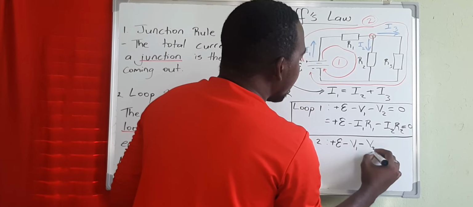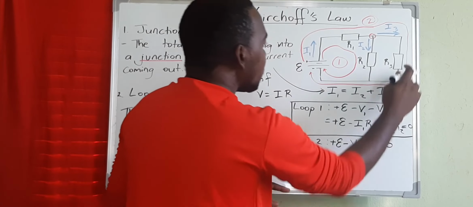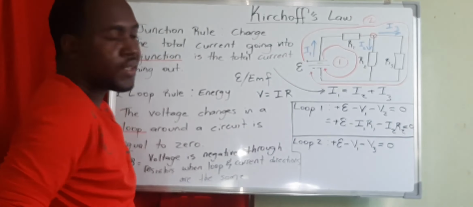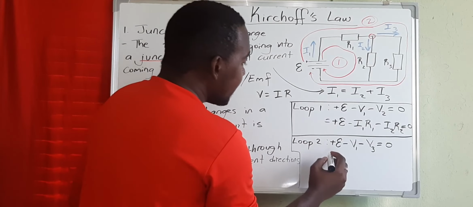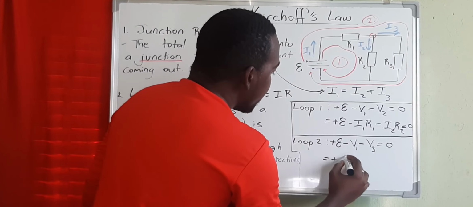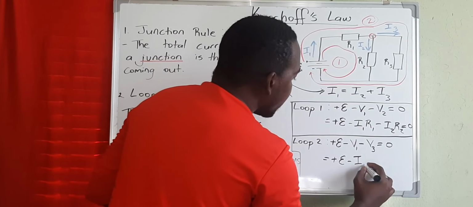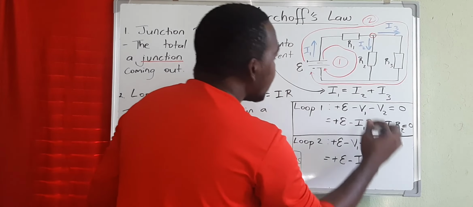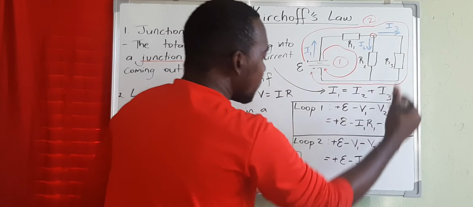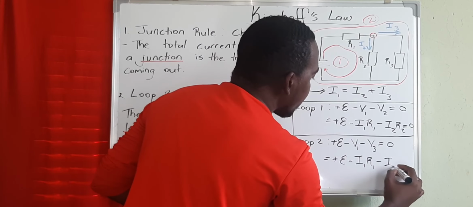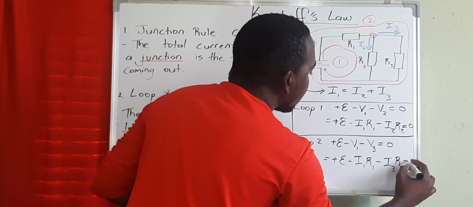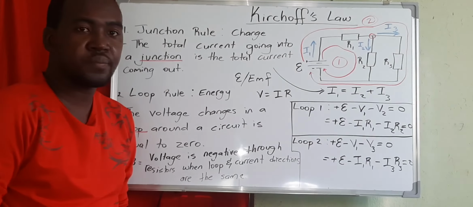So negative V3, and that's equal to 0 because there is no other resistor here. Again we replace these, so it becomes positive epsilon minus I1 R1 minus I3 R3, and all this equals 0.